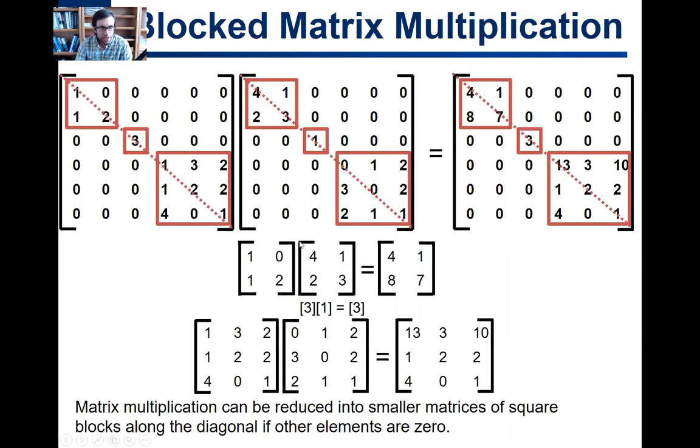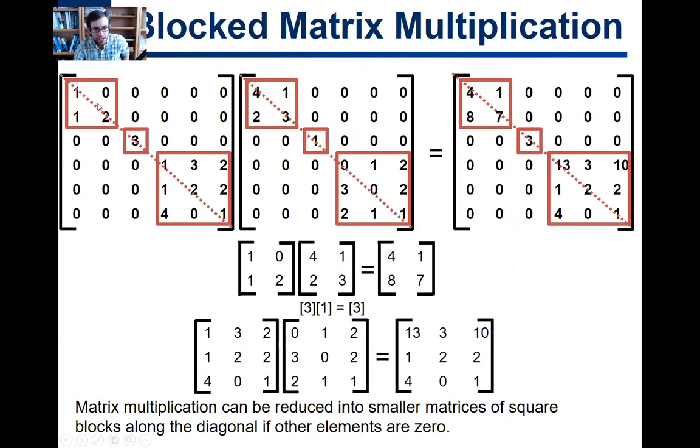Basically, what you do is you just look along the diagonal and you look for square matrices that are not 0. So if you look at this matrix right here, you can see in both cases, this matrix and this matrix, there's a lot of zeros, right?